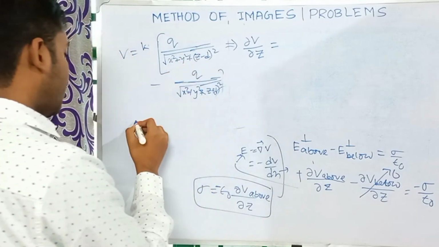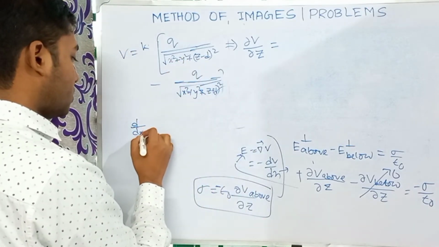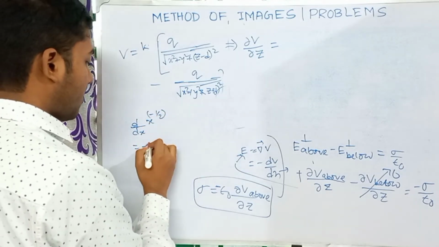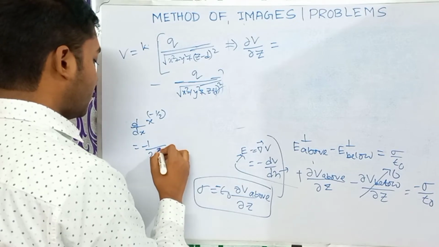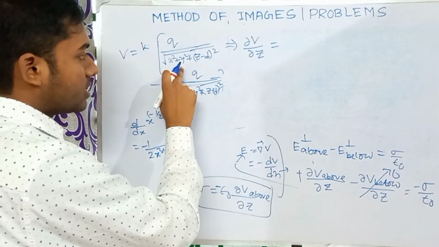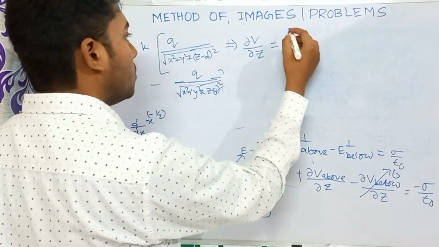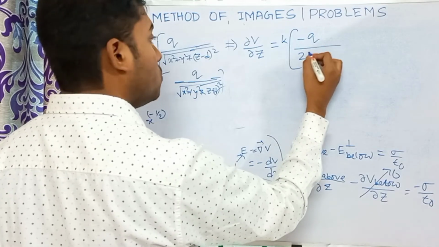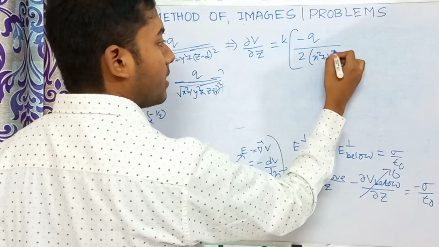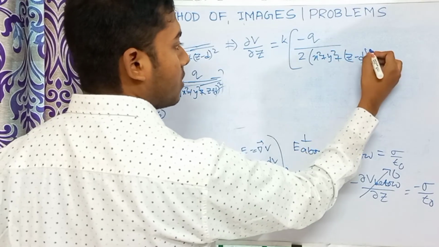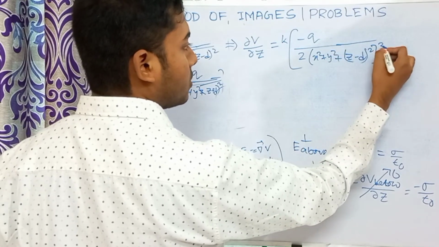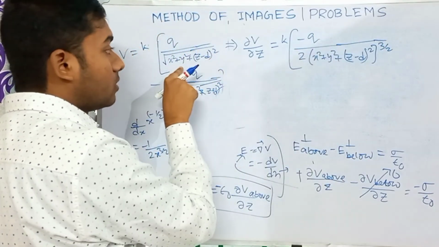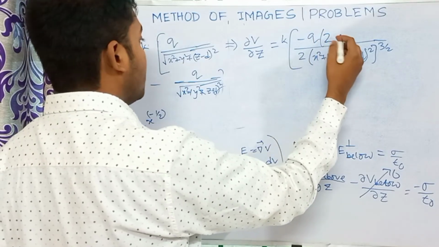We know that the derivative d dx of 1 by root x, that means x to the power minus a half, will be minus 1 by 2 x to the power 3 by 2. Similarly, we can use this here. So it will be k minus q by 2, x square plus y square plus z minus d whole square, whole to the power 3 by 2, into, using the chain rule, 2 into z minus d.